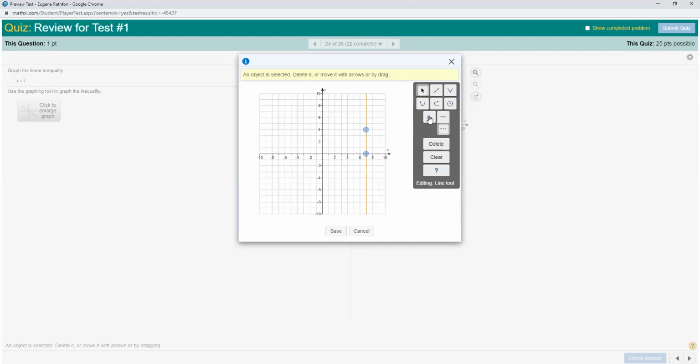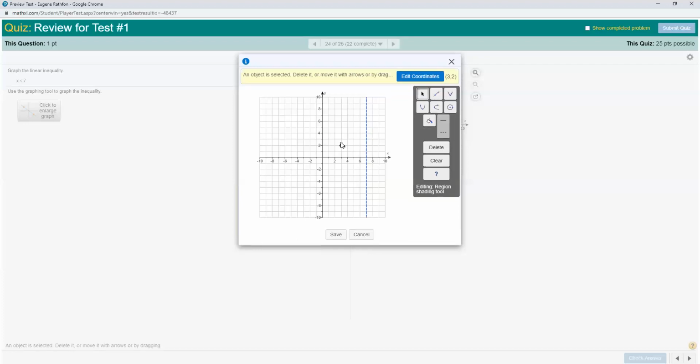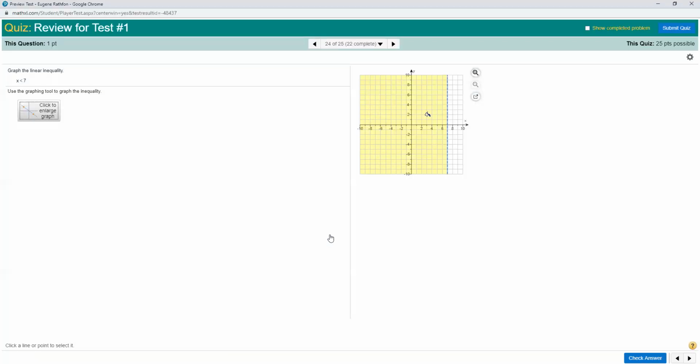So let me grab the paint can. Less than on the x-axis is to the left. So you will shade it to the left and save it. And that being greater than, I'd have gone to the other side of that, okay? Now, the calculator can't do the x ones like that. Had that been a y, we could have done it, but we cannot do the ones with just the x, okay?